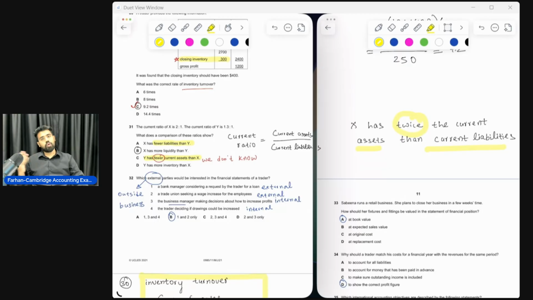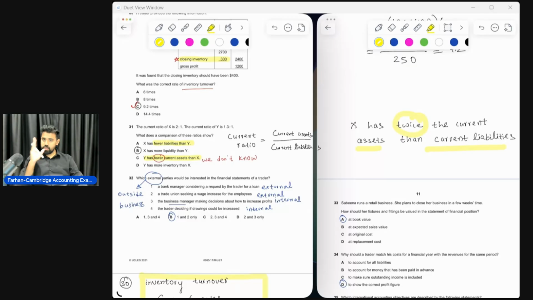But if we think about Y, let's just say Y has current assets of $520,000 and current liabilities of $400,000, right? So when you divide 520,000 by 400,000, we get 1.3 as the current ratio for Y.